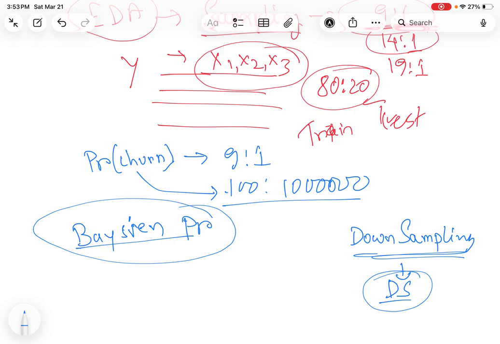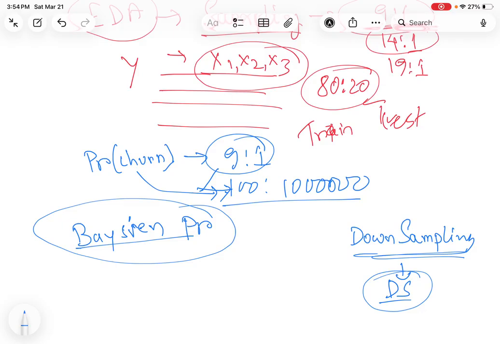You do the downsampling, and then you go back to the original probability value using the Bayesian conditional probability.